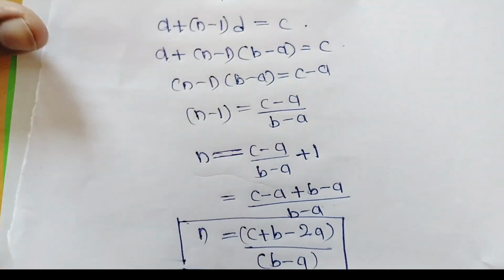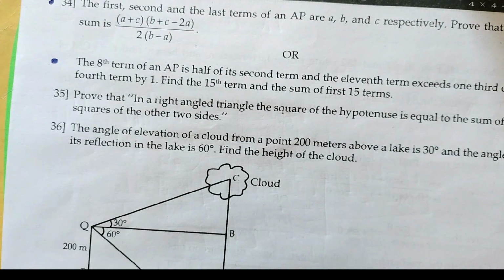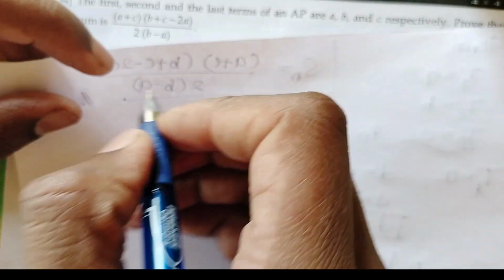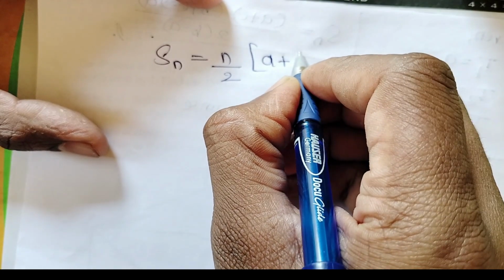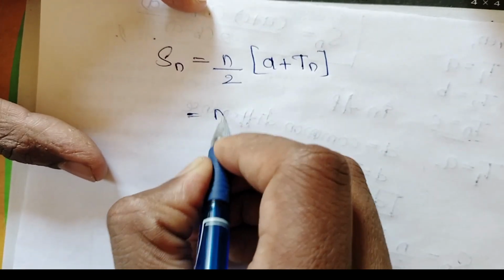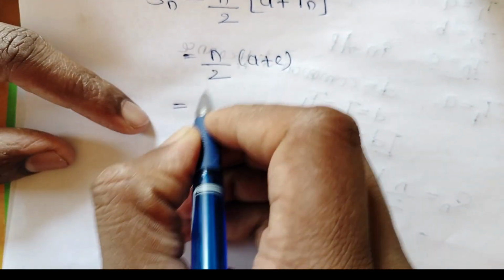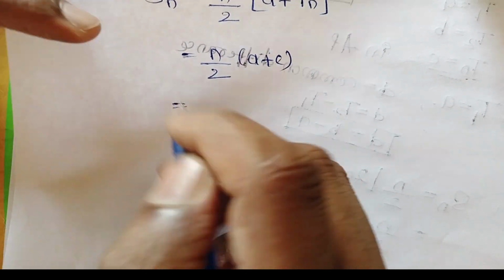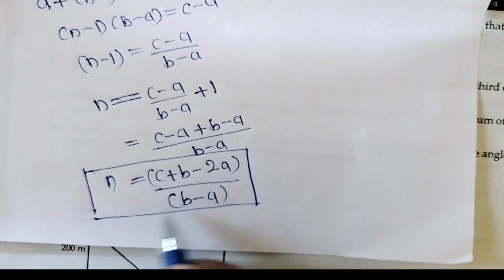So we have to substitute this n in the Sn formula. Sn is given by n by 2 into (a plus tn), and that is n by 2 into (a plus c), where n is (c plus b minus 2a) divided by (b minus a).